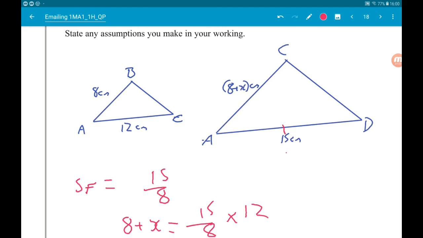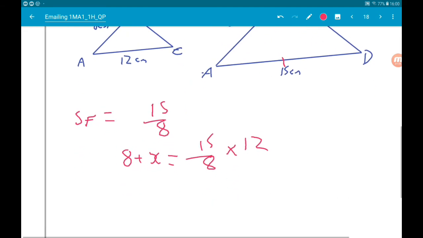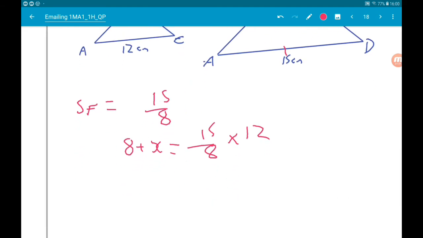Lovely. So 8 add x is, now again, when you multiply a fraction by a whole number, you just multiply the top by the whole number.